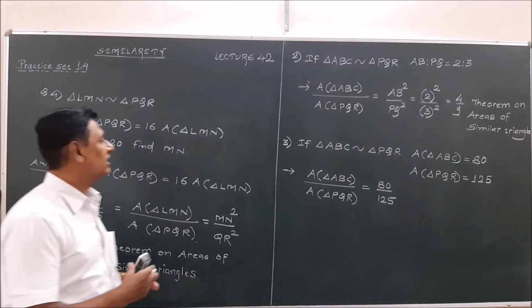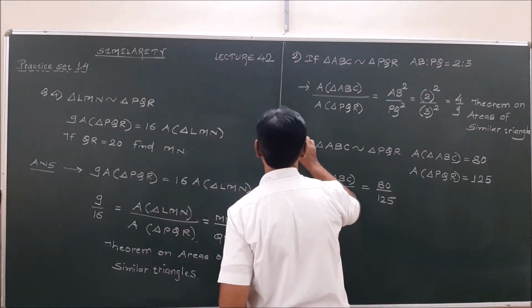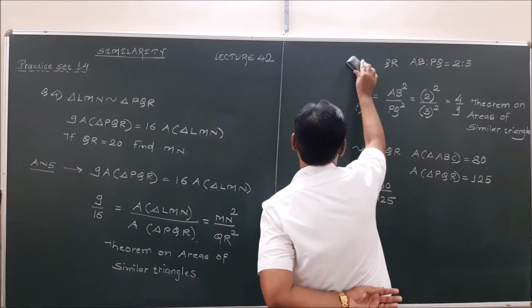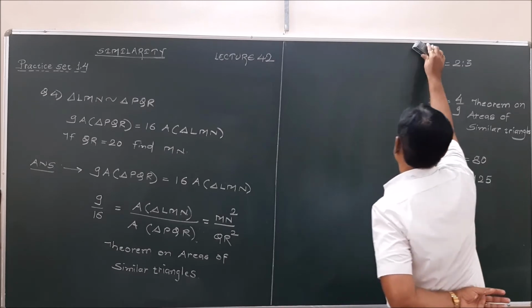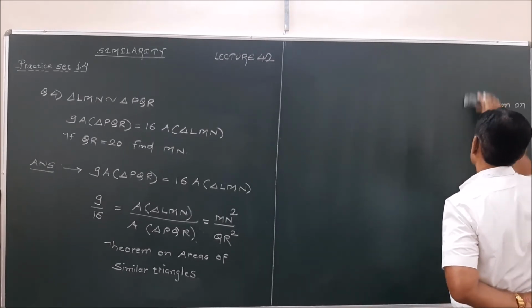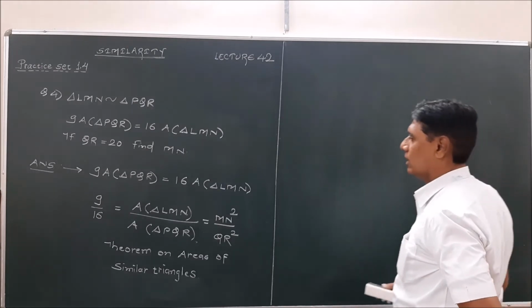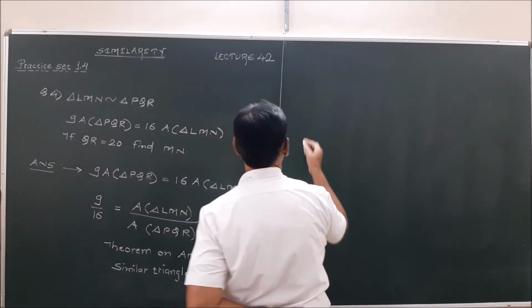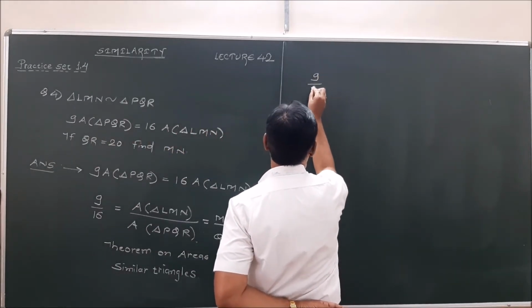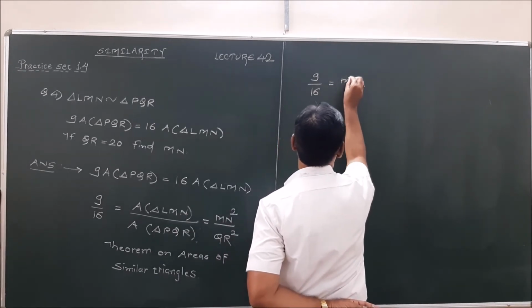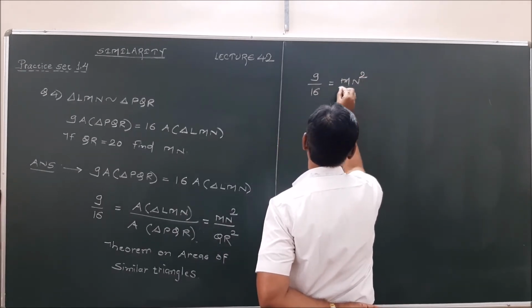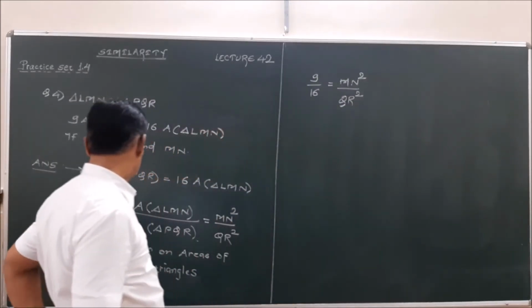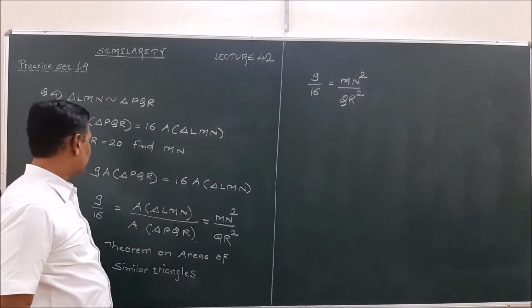So next to that we will be getting 9 upon 16 is equal to MN square upon QR square.